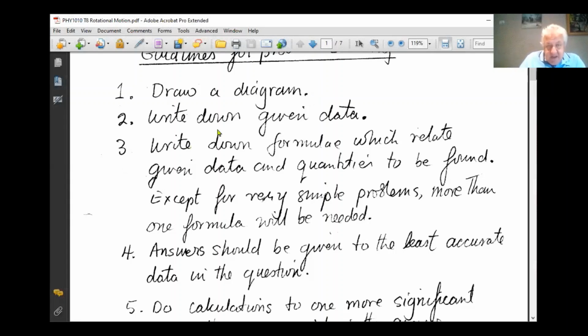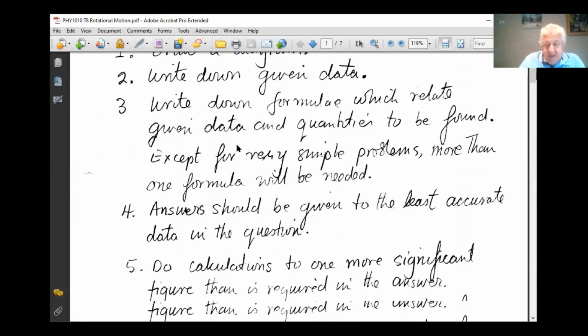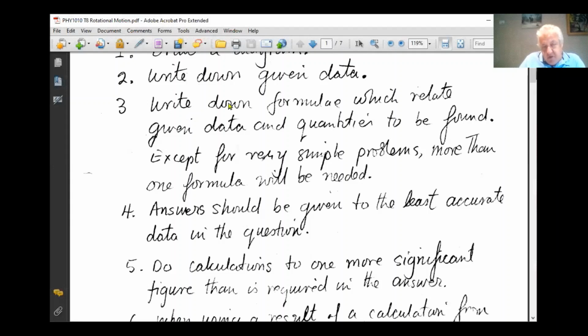The next thing is write down the given data, the data that's given to you in the question. By doing this, it gives you a hint as to which formulas you need to use. So in particular, you also look at what you're trying to find. So you write down the formulas that contain the given data and also the quantities that you want to find.